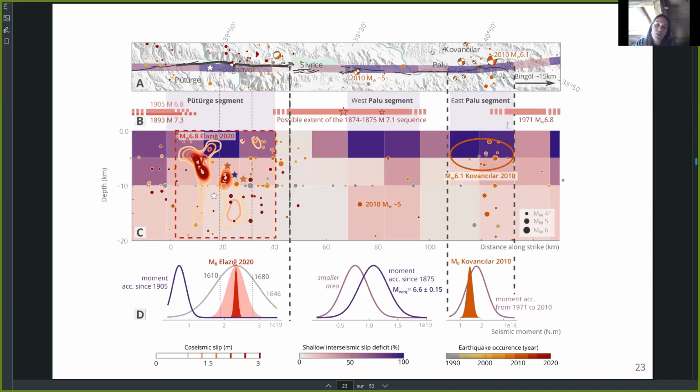Finally, if we look at the central portion of the East Anatolian fault, you can see that the moment accumulated since the last historical rupture of 1875 corresponds to a moment magnitude of 6.6. So if this central portion is going to rupture, it may produce a relatively large earthquake.